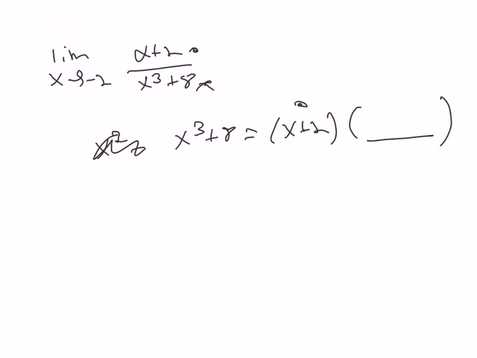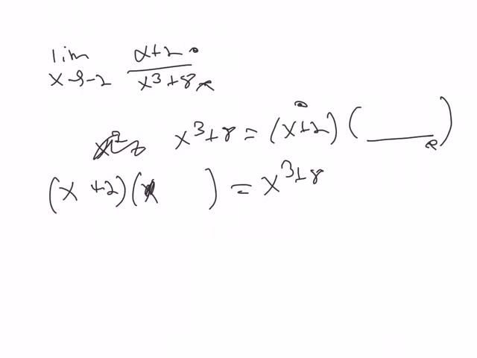So just say, okay, I'm going to write x to the third plus 8 as x plus 2 times some number. How do you find this number? Well, you already know a lot of what you need. We're trying to make x plus 2 times some number equal to x to the third plus 8.